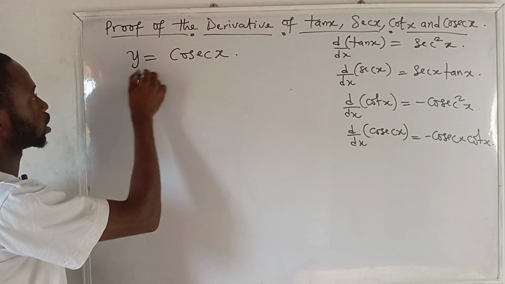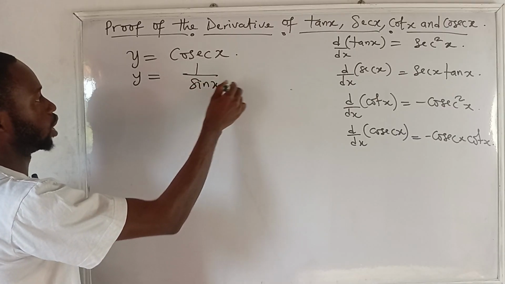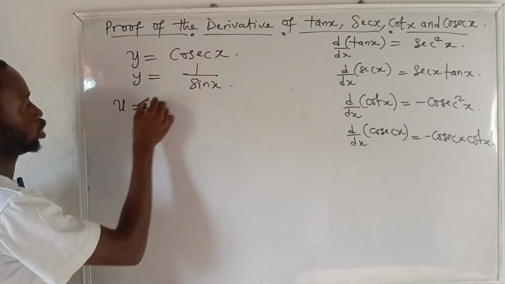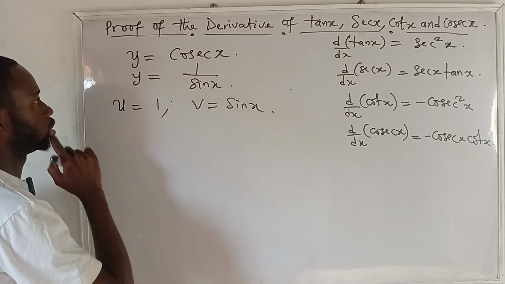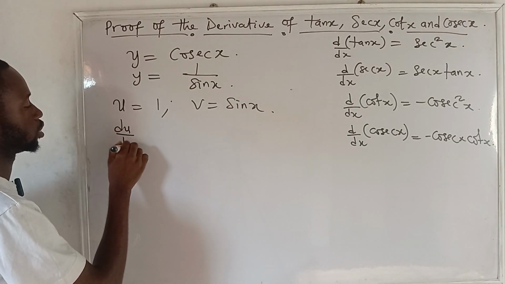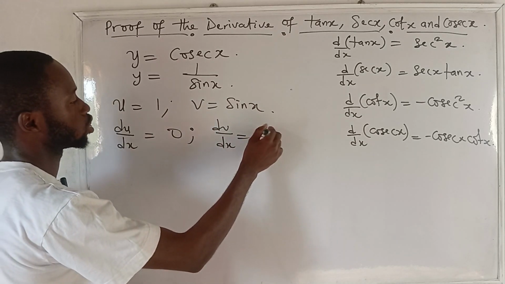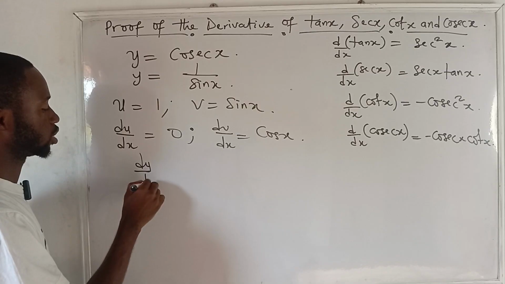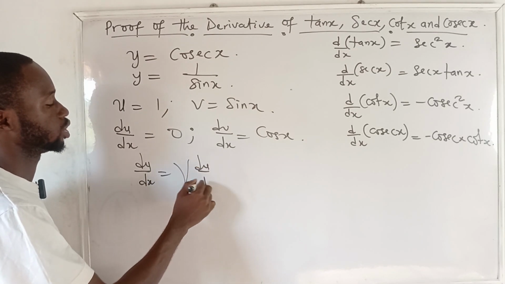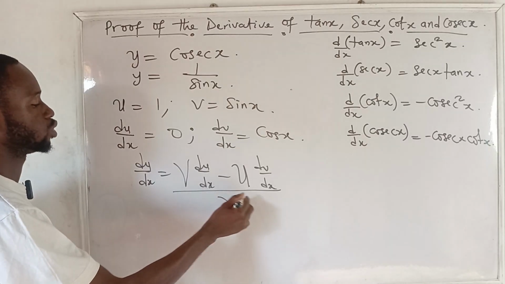From here, we remember that y, cosec, is the same as saying 1 over sine, right? So we could go further to say u is 1, v is sine x. Then du dx is what? 0. dv dx is cos x. Now, using our formula, dy over dx will give us v du dx minus u dv dx all over v square.